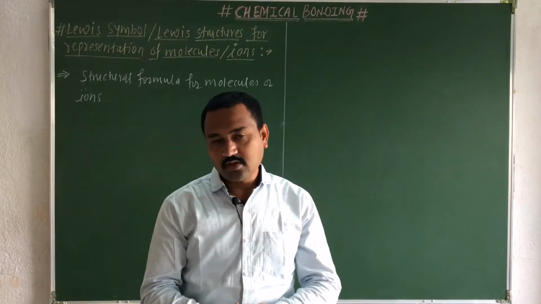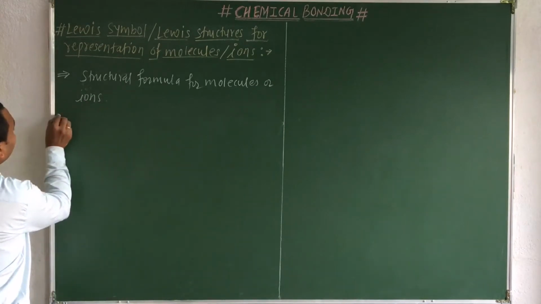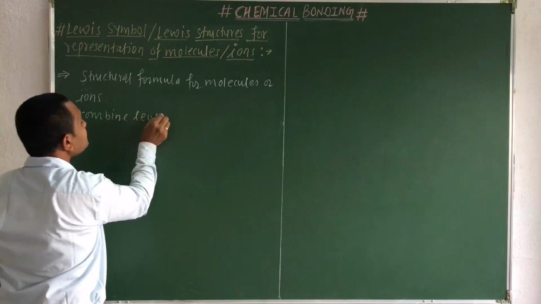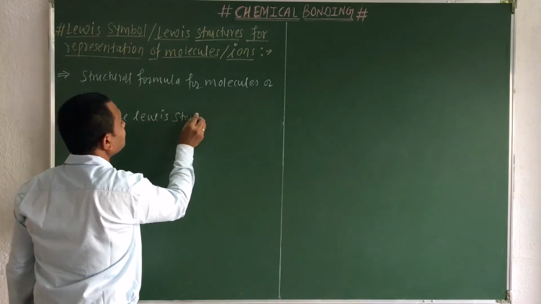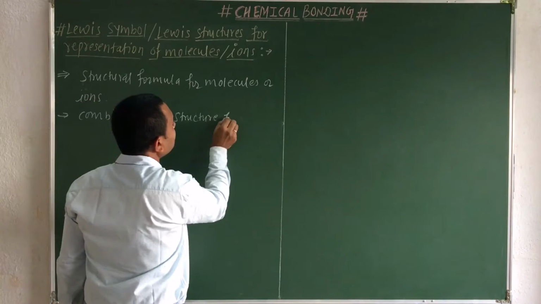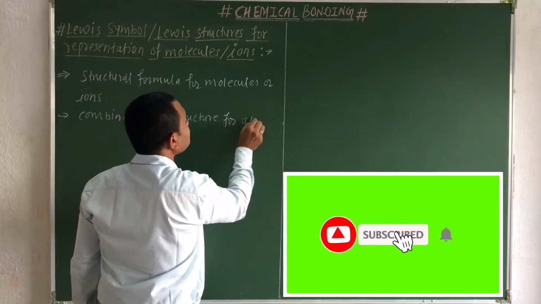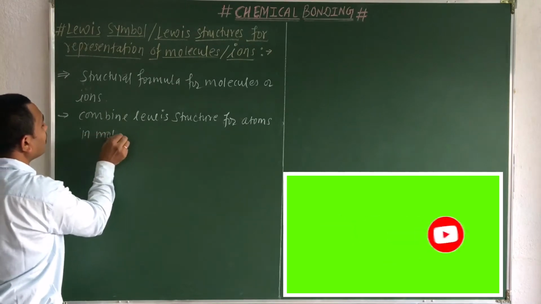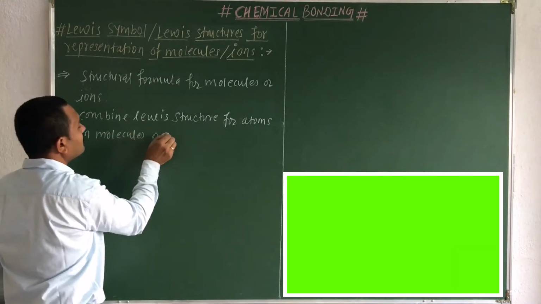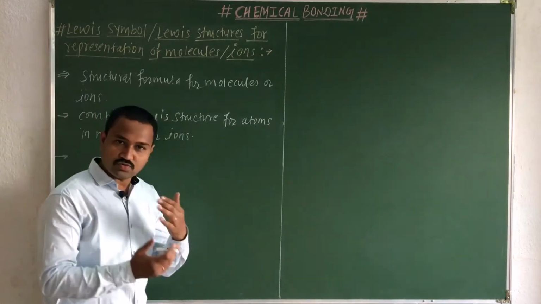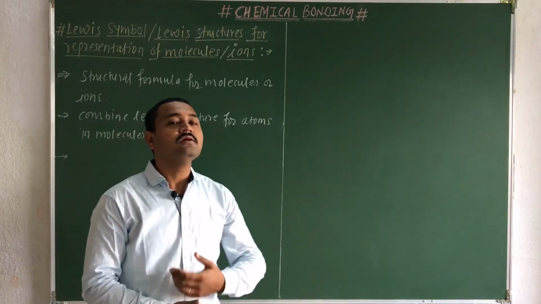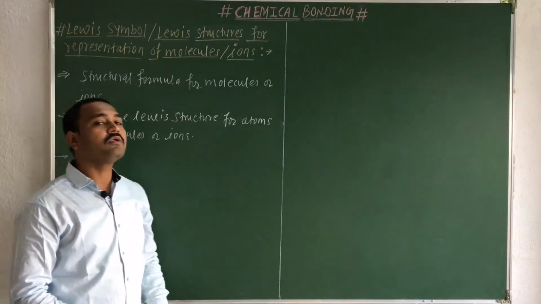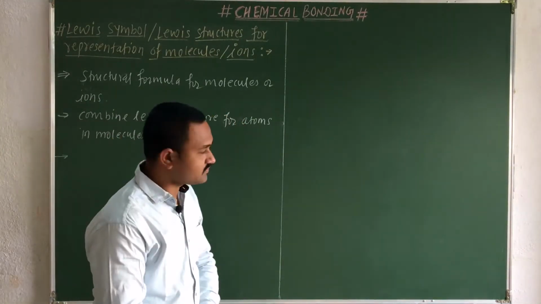So here we are going to combine the Lewis structures for atoms in molecules or ions. Again remember, if we combine the Lewis symbols for atoms, we will obviously get the structural formula for molecules or ions.